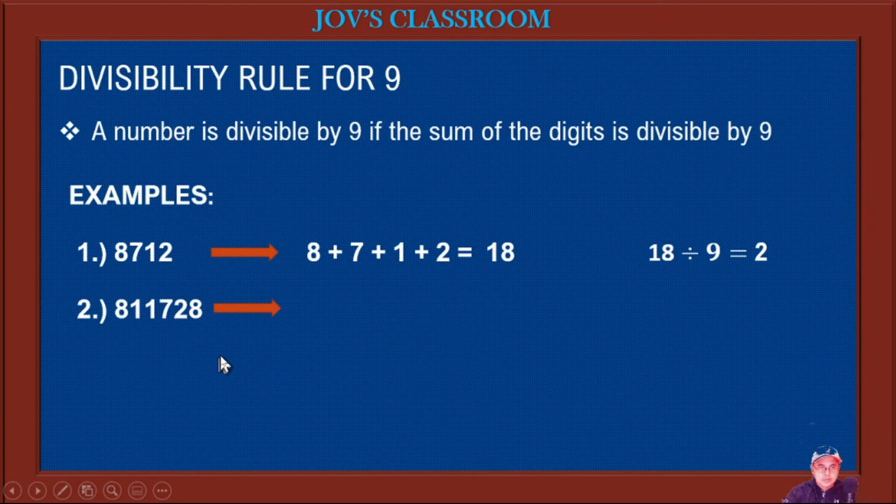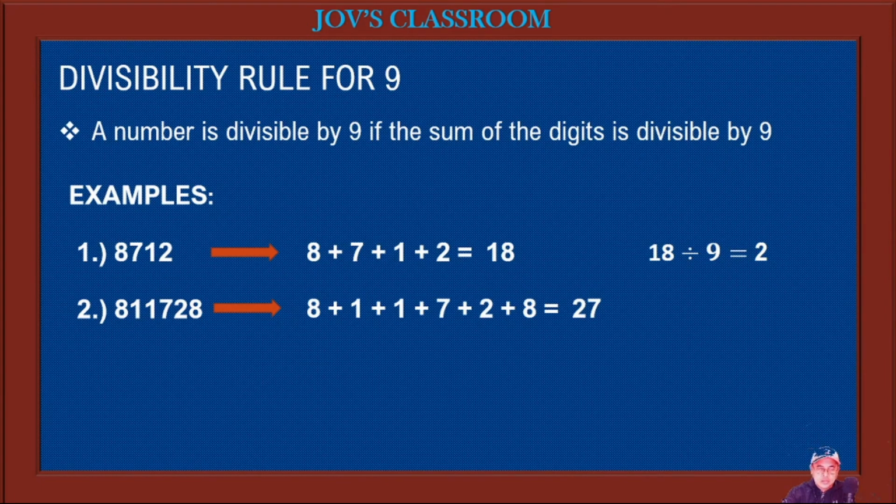So if you notice the usefulness of the divisibility rules, you have to memorize and familiarize yourself with them, because if the given number is big and you remember rule number 9, just get the sum of the digits and then divide by 9, and then you will determine if the number is divisible by 9. 27 is divisible by 9.